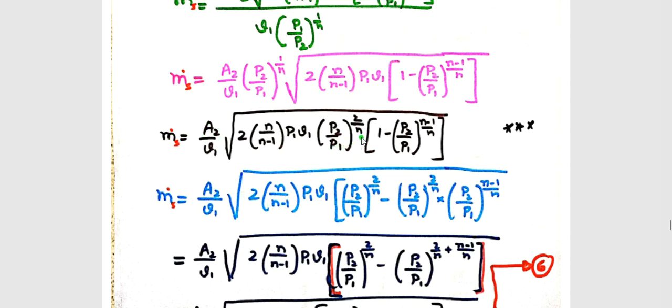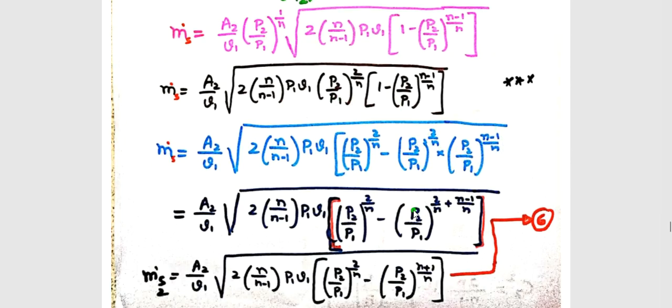Now multiply the ratio of P2 by P1 to the power of 2 by n with 1 as well as this term. So once you multiply here, the ratio is 1 into P2 by P1 to the power of 2 by n as it is. Now multiply these two: P2 by P1 to the power of 2 by n, P2 by P1 to the power of n minus 1 by n.